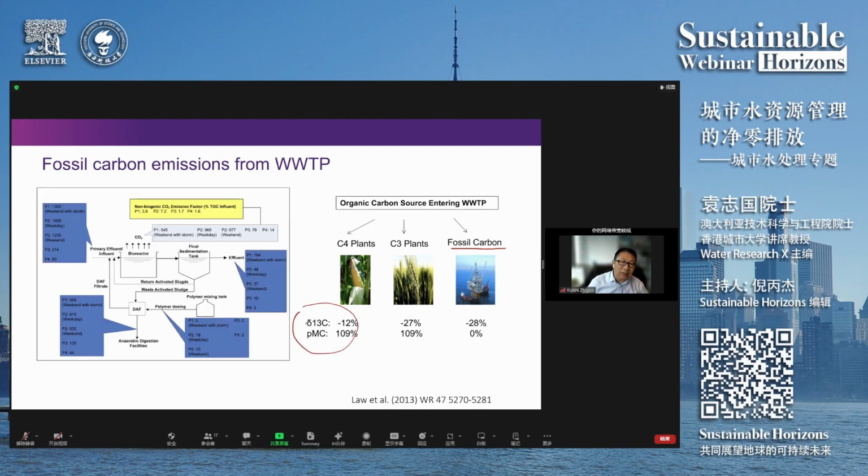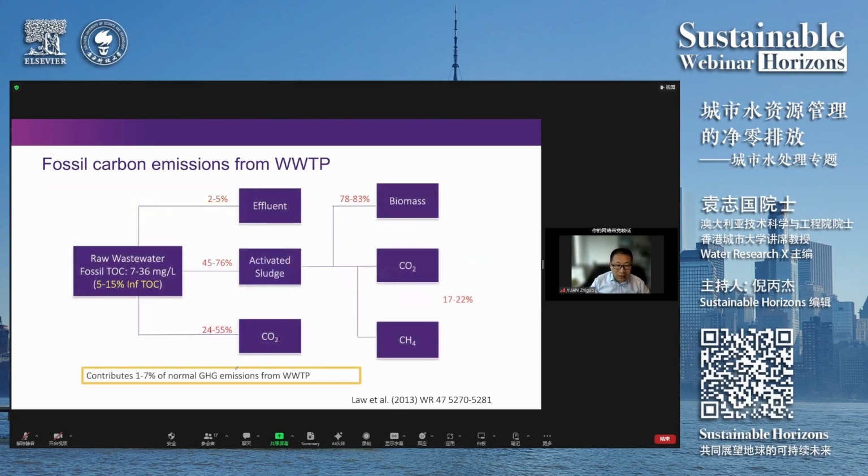We indeed did that for a number of treatment plants, I think four treatment plants. We measured at multiple points: the influent, the gas phases, the effluent, the sludge, and something in between. So we measured the incoming and outgoing streams, both gas, liquid, and solids, and then we tried to look at the carbon balance.